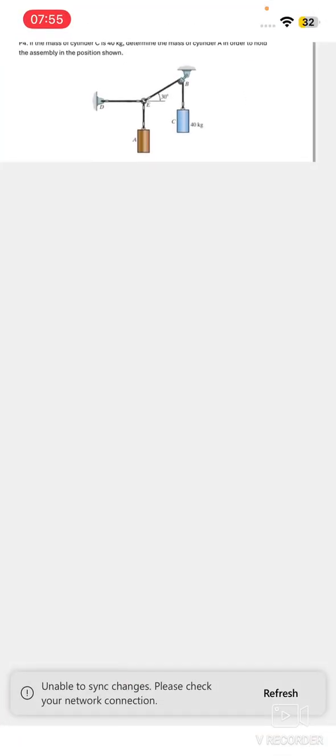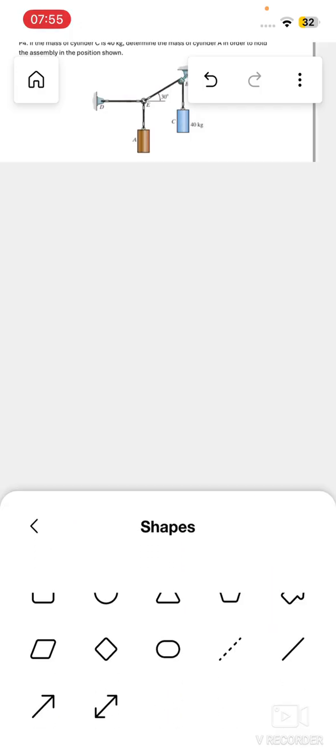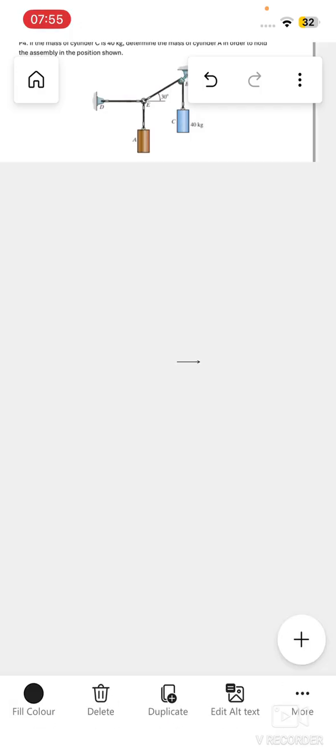The first thing that we need to do is to draw the free body diagram. We have to draw a free body diagram for body A and body B. We have a force that is going like that, which is tension EB.